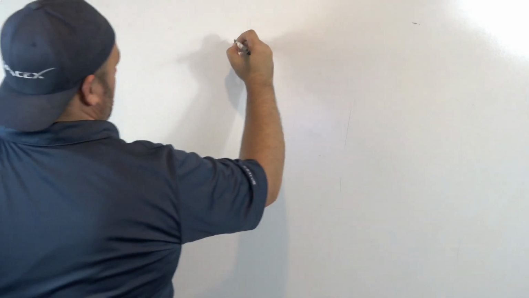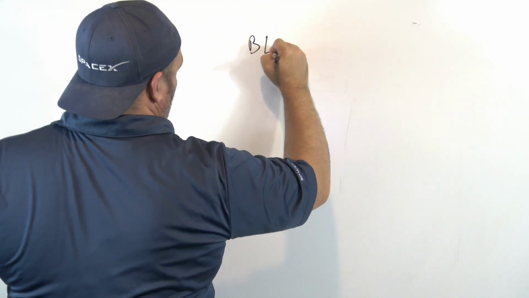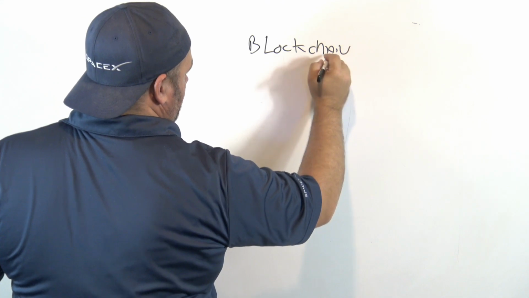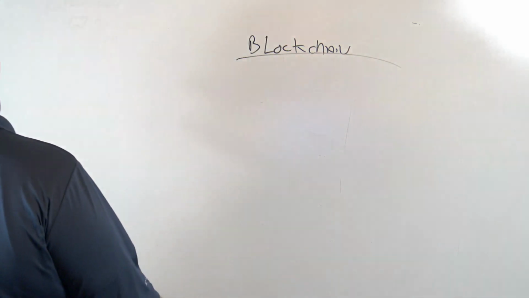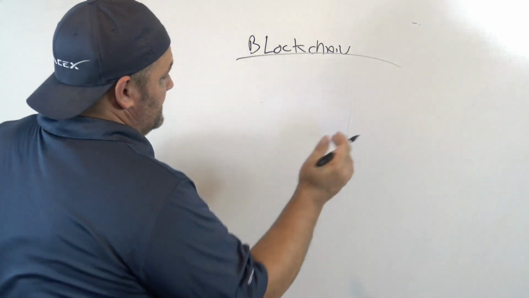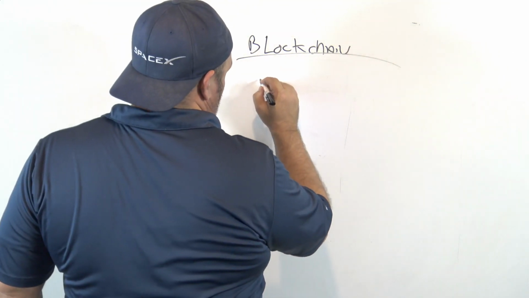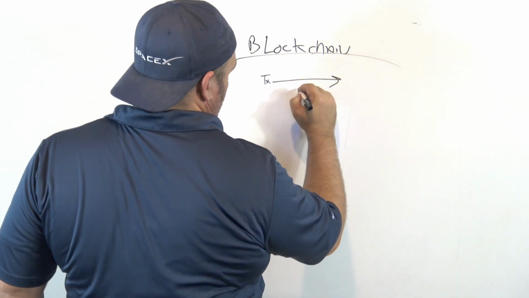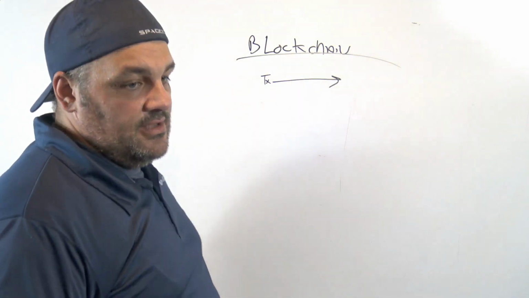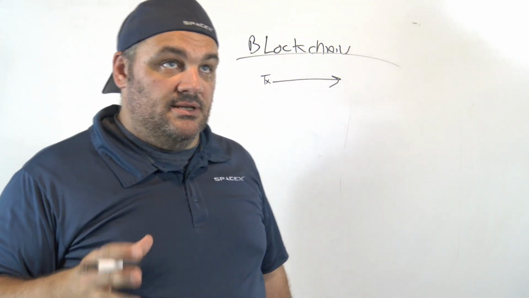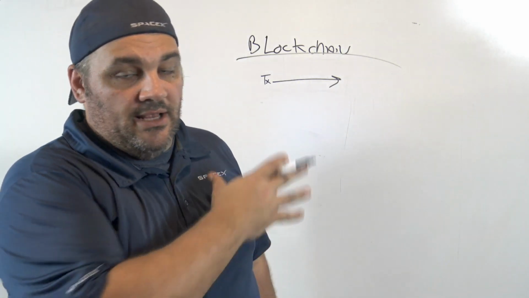let's go on to blockchain. One of the first things, and most people already know this, is that all the transactions on the blockchain are irreversible. You send a transaction, there's no take-back keys. Everybody who understands this technology by and large knows that.